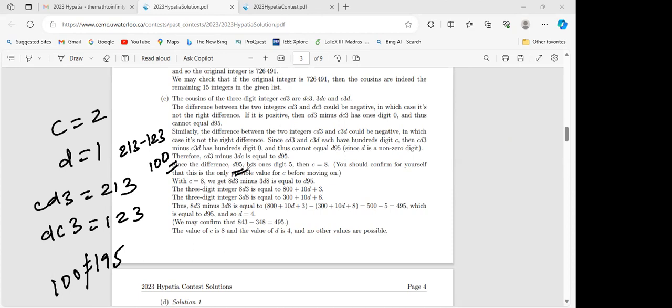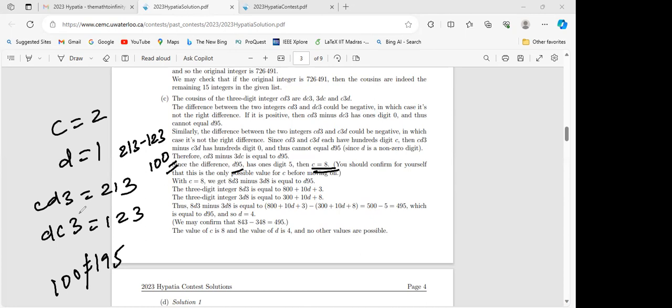So they're saying that in D95, the ones digit is 5 and C is 8. Can you try with 8?